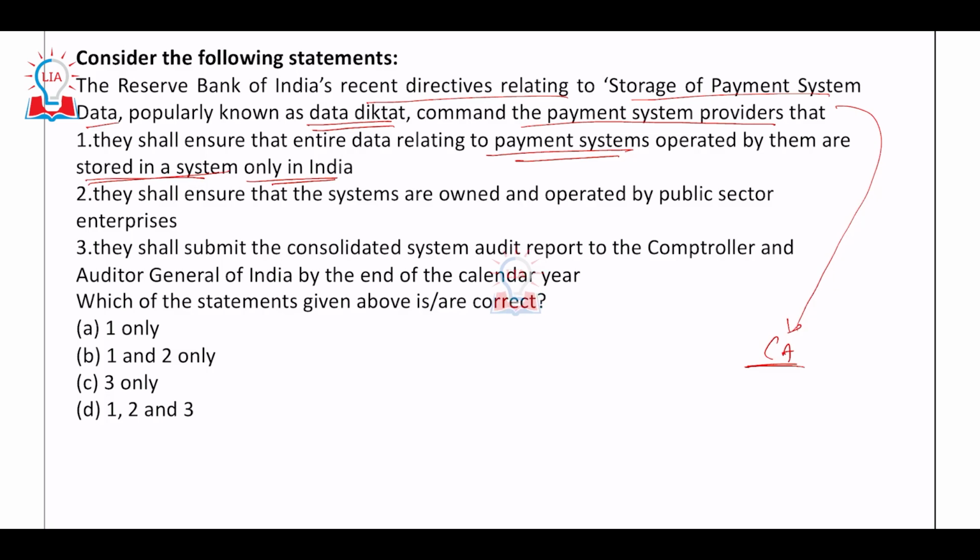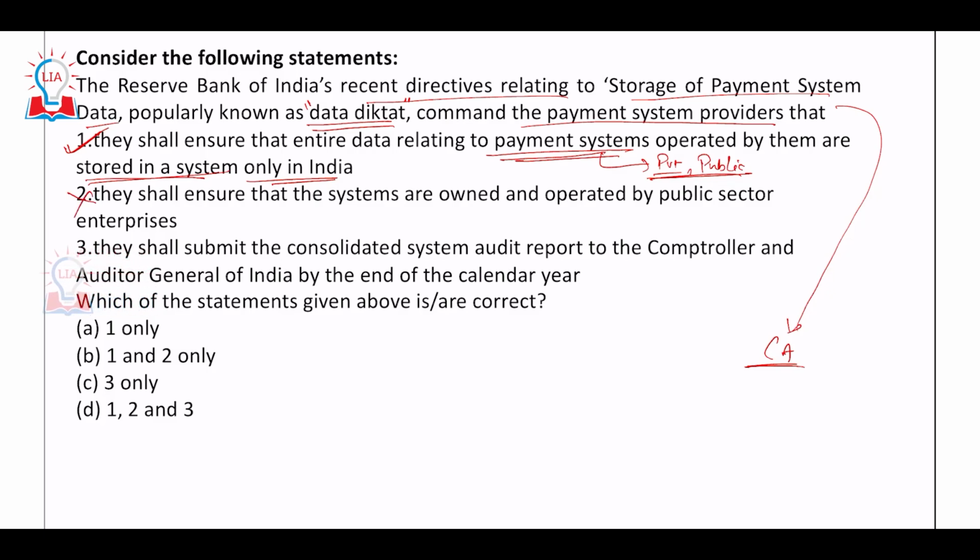That is what the data diktat said. So statement one is right, absolutely. And as I told you, this payment system data will be stored by both private entities and the public entities, whosoever are providing the financial services. So this diktat cannot be only for the public sector entities. Okay, so option 2 is wrong.